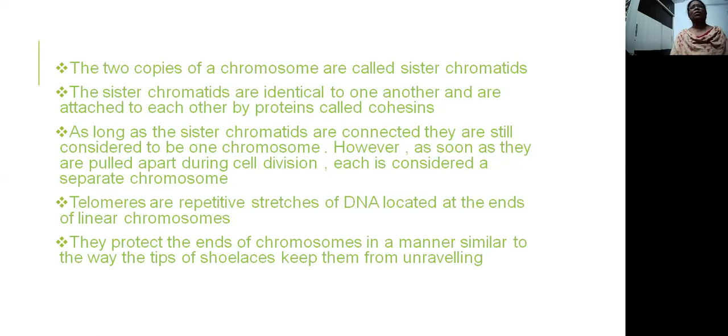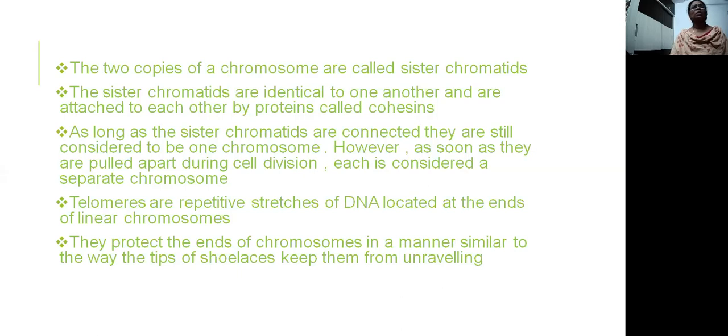But when there is a separation of chromosomes during the division of the centromere, then they act as two separate chromosomes or daughter chromosomes during a phase of the cell division. The telomeres are repetitive stretches of DNA located at the ends of linear chromosomes.